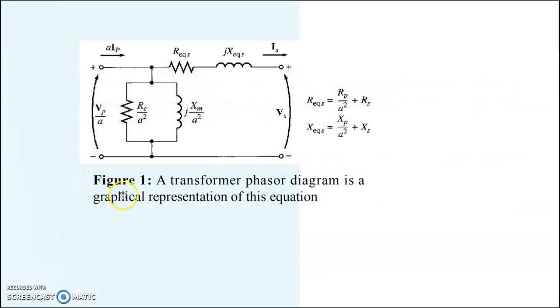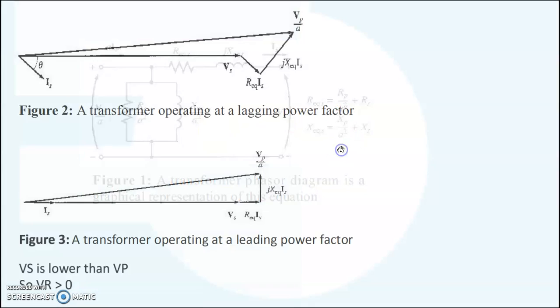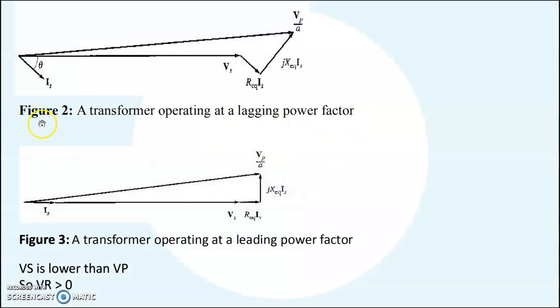Next, Figure 1 shows a transformer phasor diagram, which is a graphical representation of this equation. Figure 2 shows a transformer operating at a lagging power factor, while Figure 3 shows a transformer operating at a unity power factor, where secondary voltage is lower than primary voltage, so voltage regulation is greater than 0.